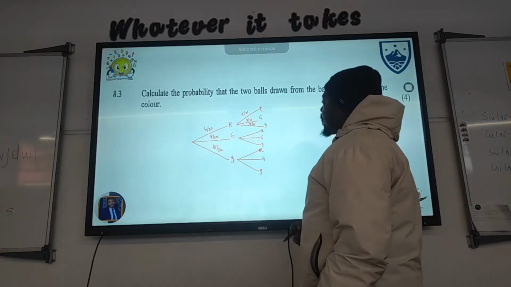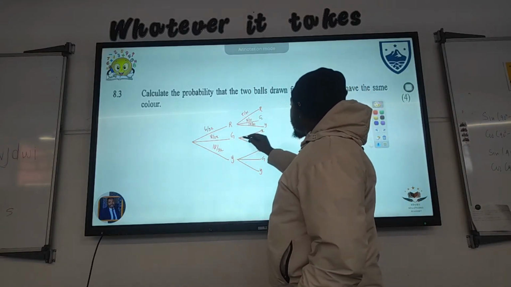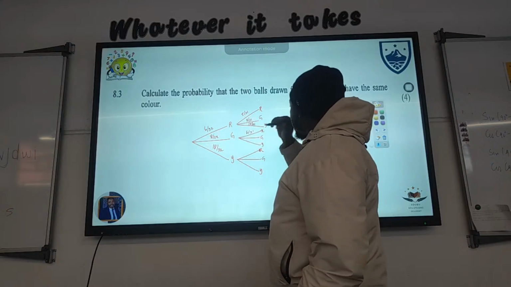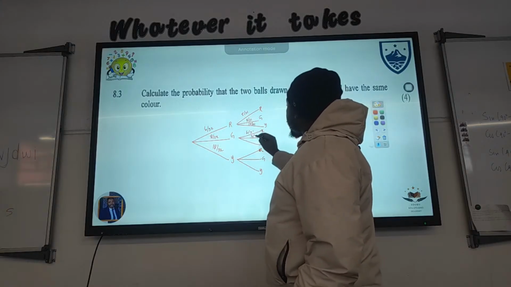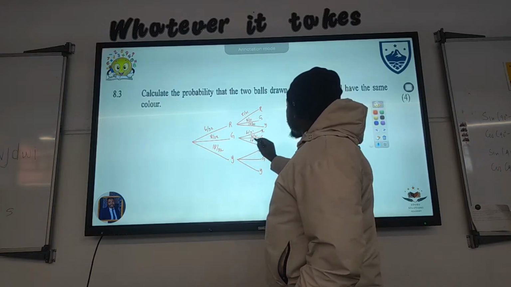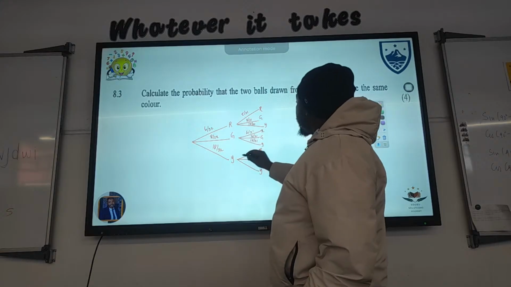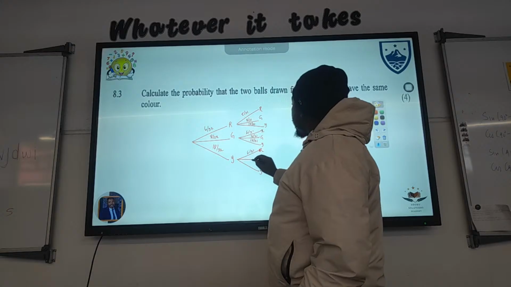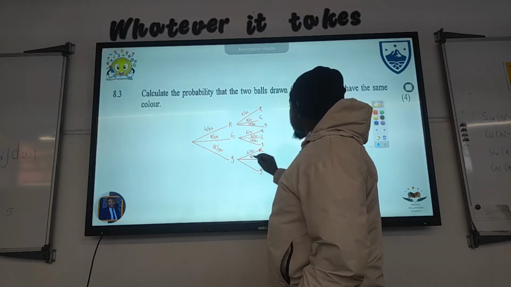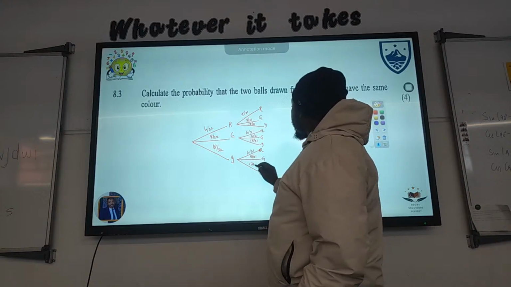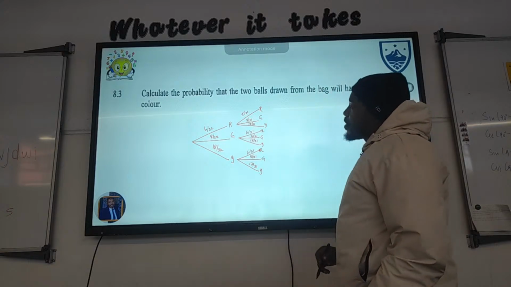And then if you take out a green ball, we still have 6/31, and then green will be 7/31, and then yellow will still be 18/31. And then this side will be 6/31, and then green will be 8/31, and then yellow will now be 17/31. This way they are our probabilities.